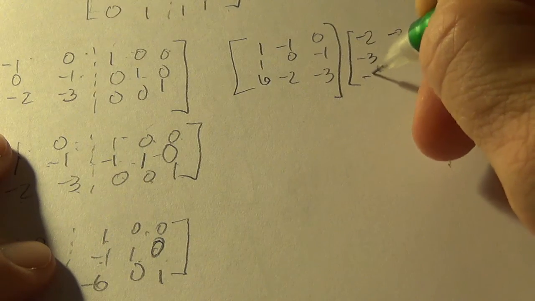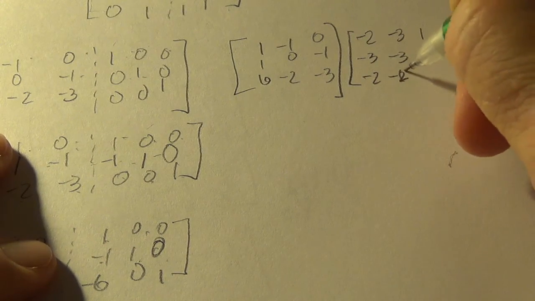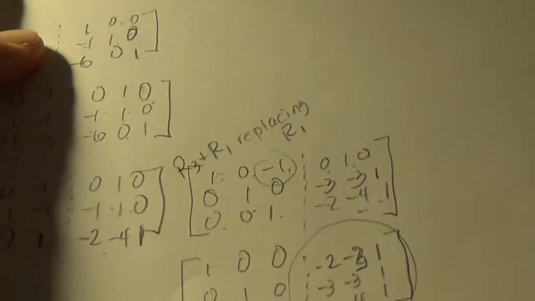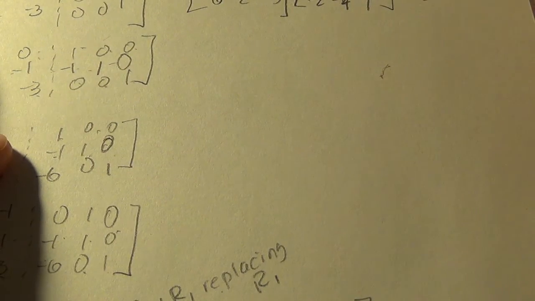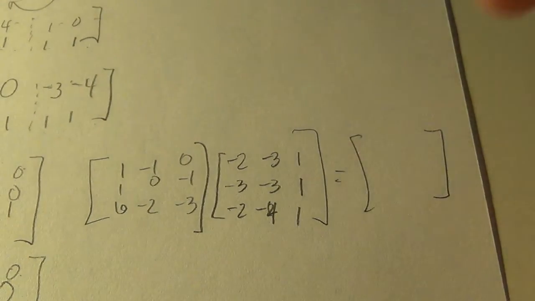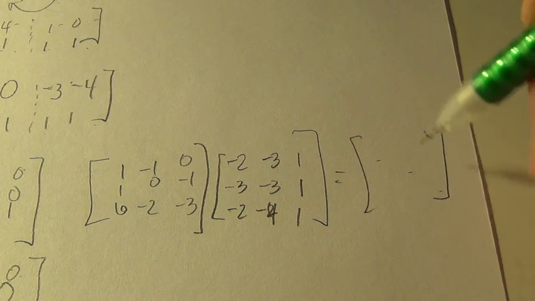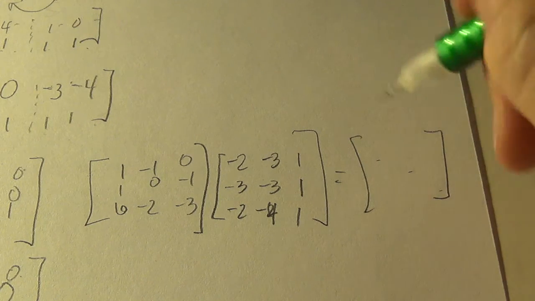And -2, -4, 1. I apologize ahead of time if I made a mistake in one of my calculations here. So I want a 1 along the main diagonal and zeros everywhere else.